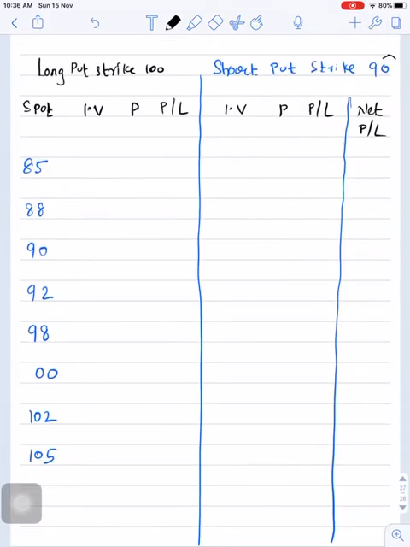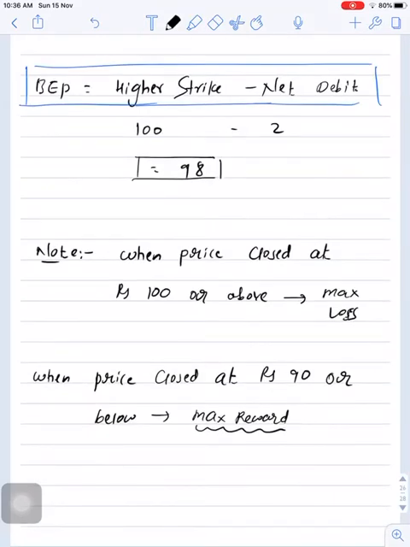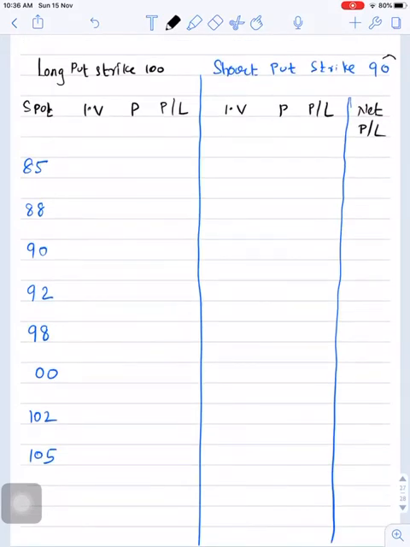Now let's see this in payoff. Whatever I have said here about maximum loss and maximum reward, now let's look at this in payoff. So this is long put strike 100, and on the other side I have written short put strike 90. First let's focus on long put strike. This means we have bought this put option with strike price 100.